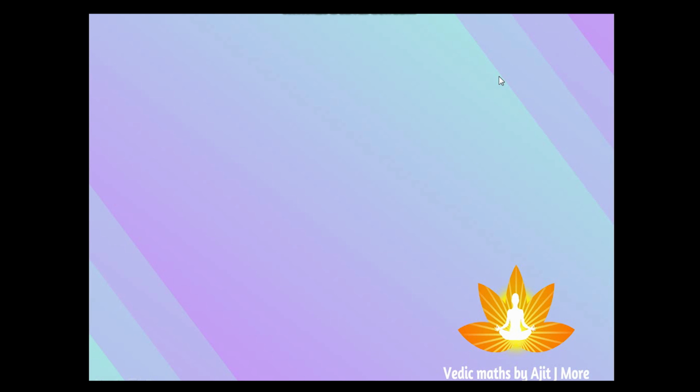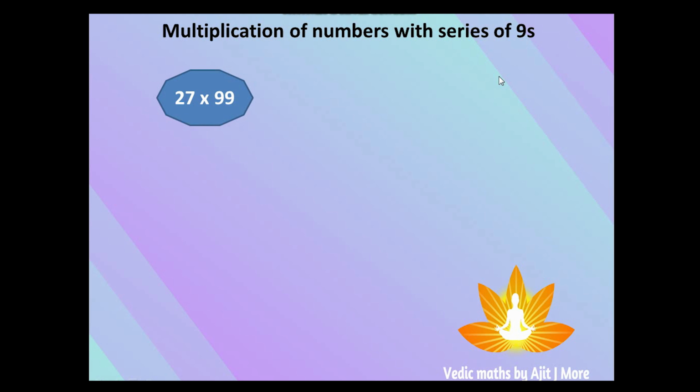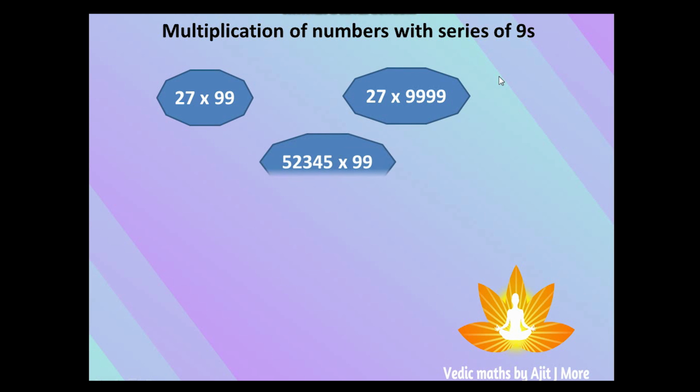In the previous session of Vedic maths, we saw how to find the square of numbers between 50 and 60. Today, we have come with one more Vedic trick, that is multiplying any number with a series of 9. Few examples: multiplying 27 with 99, 27 with 9999, or 52,345 with 99.